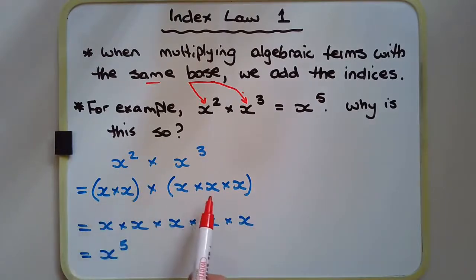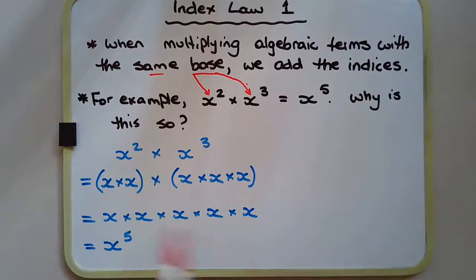I've put them in brackets just for clarity, so you can see what I'm doing here. But because everything is just being multiplied together, the brackets don't matter. So we're going to remove the brackets because it doesn't change what the final answer is going to be. So then we have x times x times x times x times x.